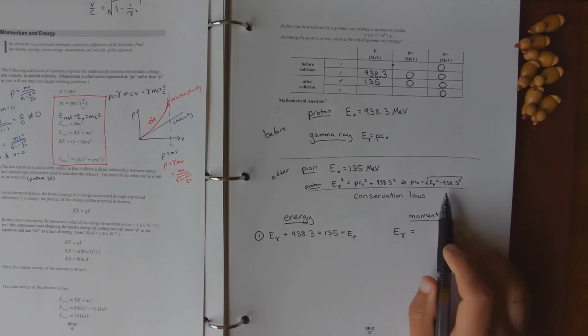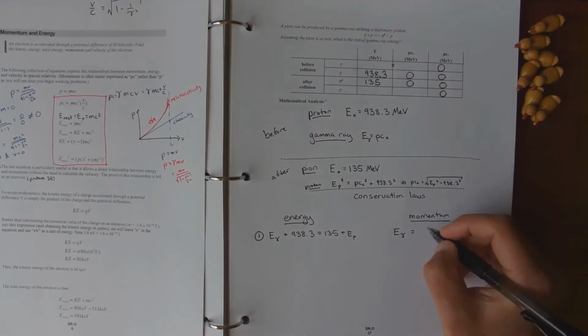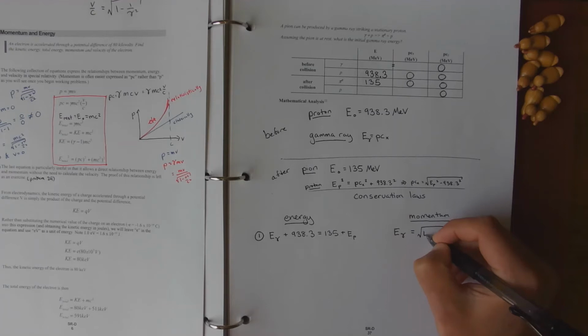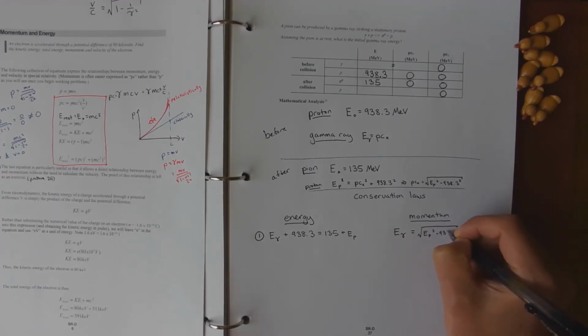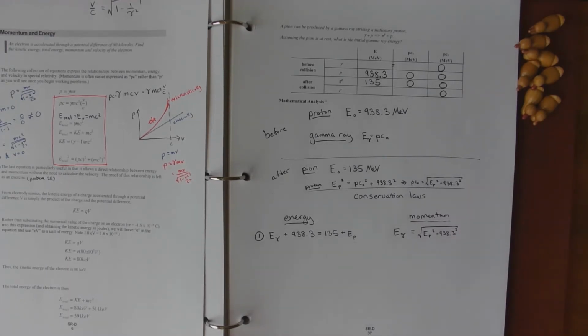So this momentum should be positive, and remember this is the momentum for the gamma ray, so that's the total momentum before the collision, so this must be equal to the momentum of the proton after the collision because that is the total momentum of the system after the collision.